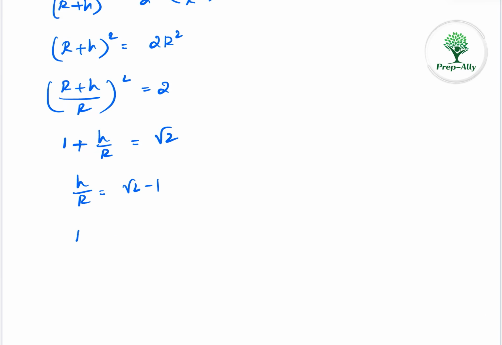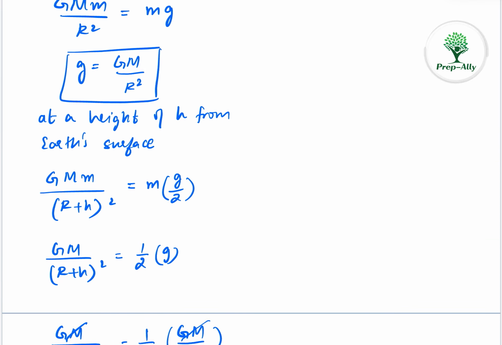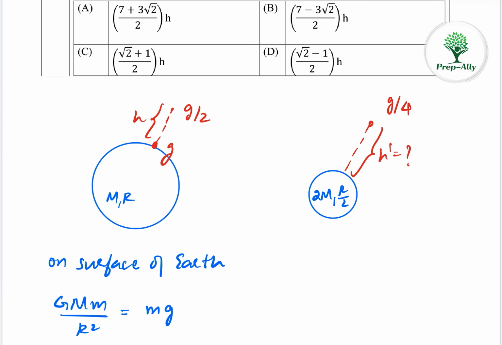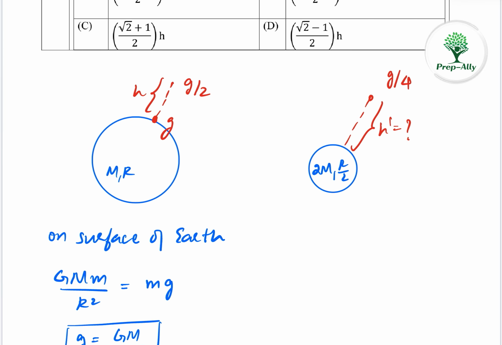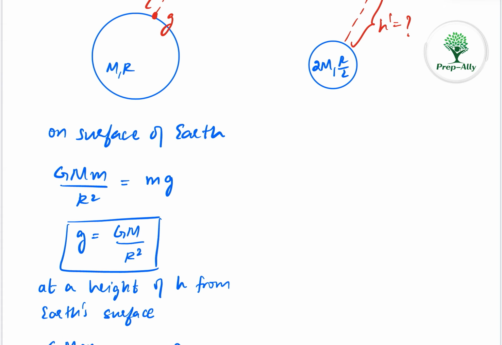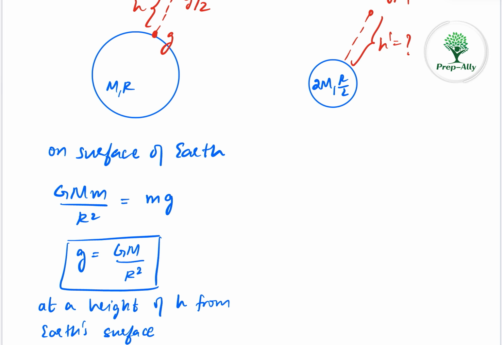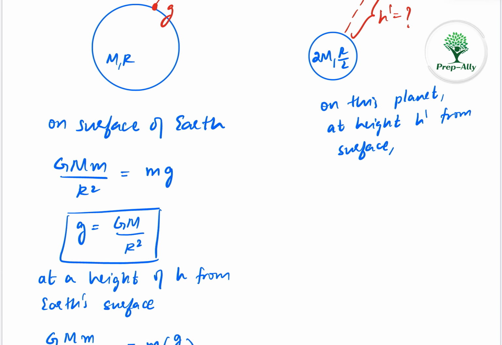Leave it at that. Now we need to find h dash in terms of h. That's what the options are all about. Now on this planet, at height h dash from the surface, what is the force of gravitational attraction?